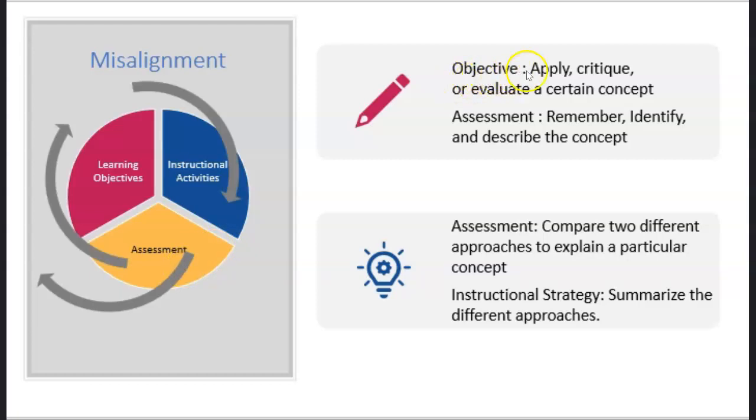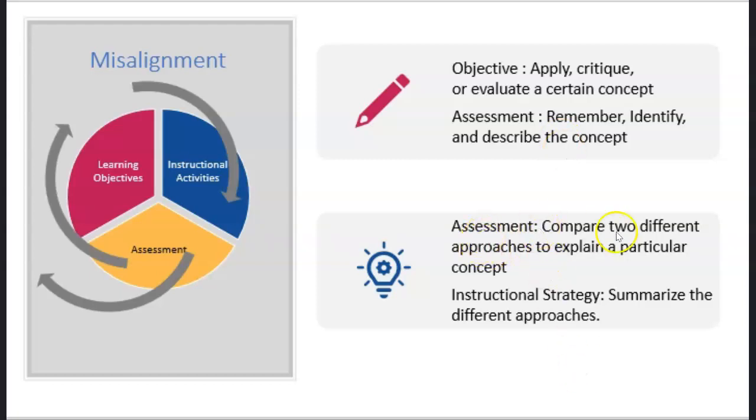Suppose, for example, the objective is to apply a particular concept, but the assessment is such that it enables the learner to memorize it, then the objective is not achieved.